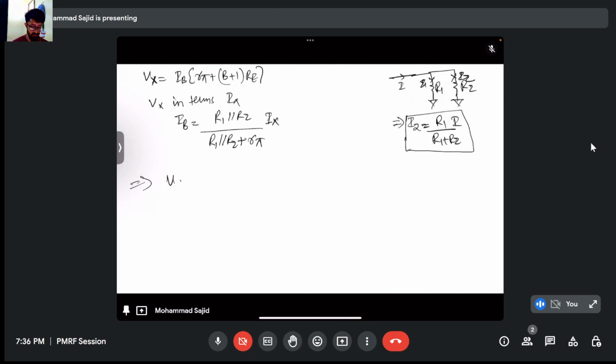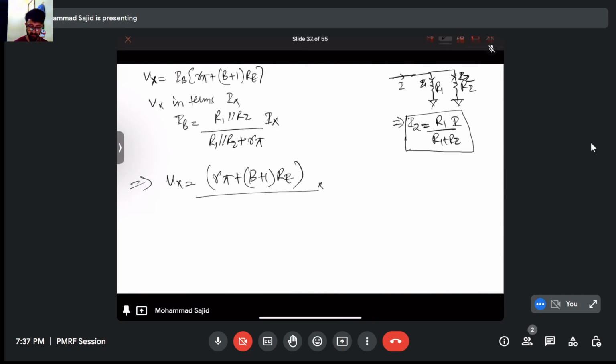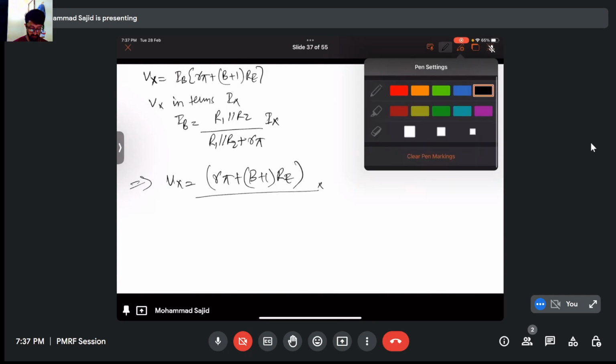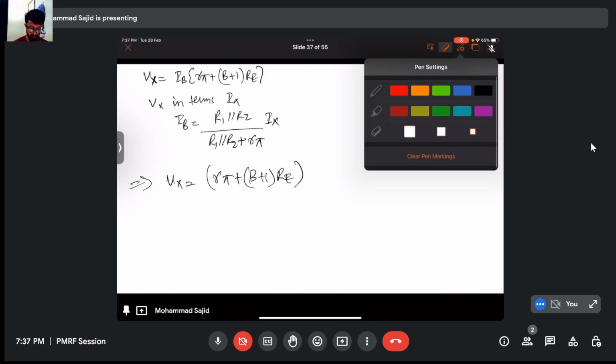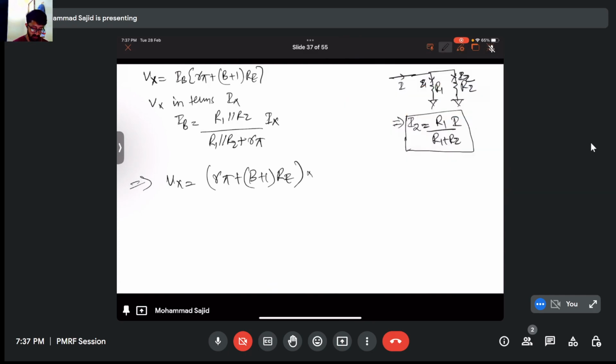So my Vx will be equivalent to R pi plus beta plus 1 Re divided by, okay, just let me multiply here. R1 parallel R2.